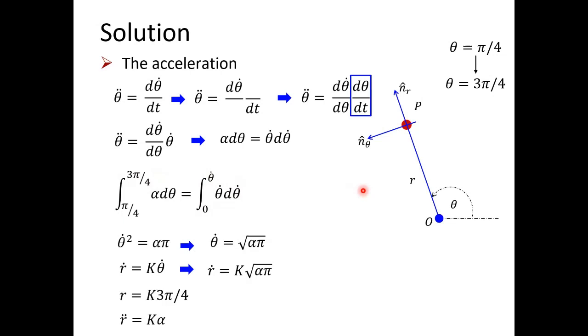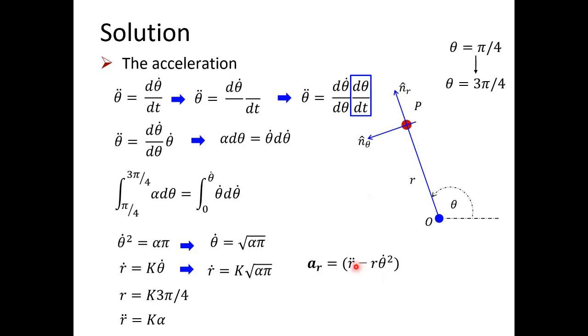Earlier we found that r equals k times 3 pi by 4 and r double dot equals k alpha. So now we have obtained all the parametric requirements to calculate A_r.